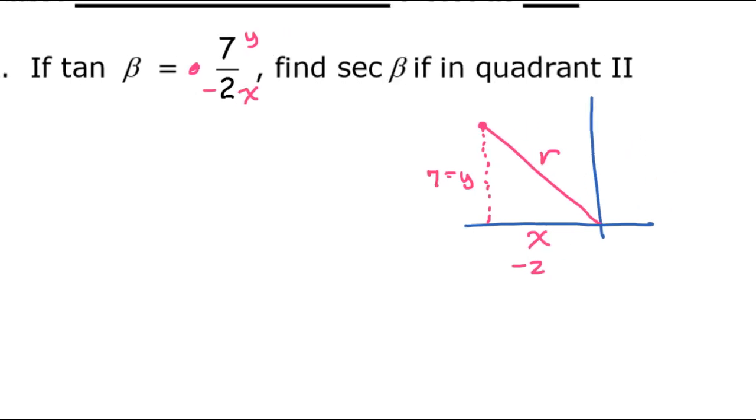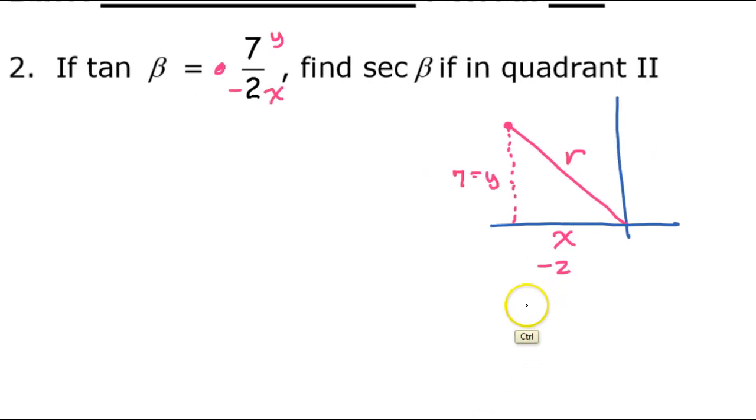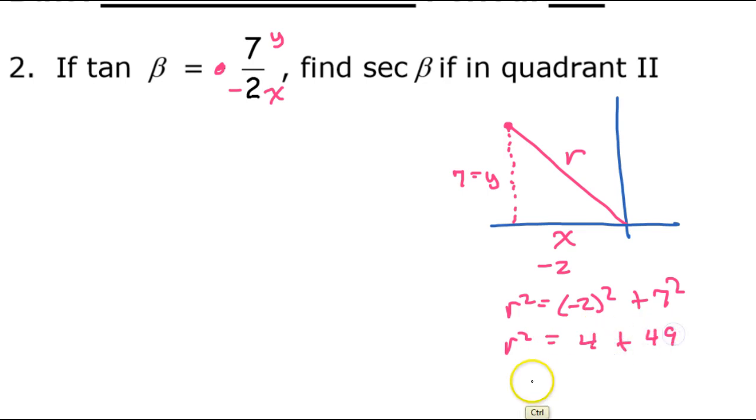So we can just do the Pythagorean theorem for that. So r squared will equal x squared plus y squared. So that's going to be 4 plus 49. So that's going to be 53. So r is going to equal the square root of 53.